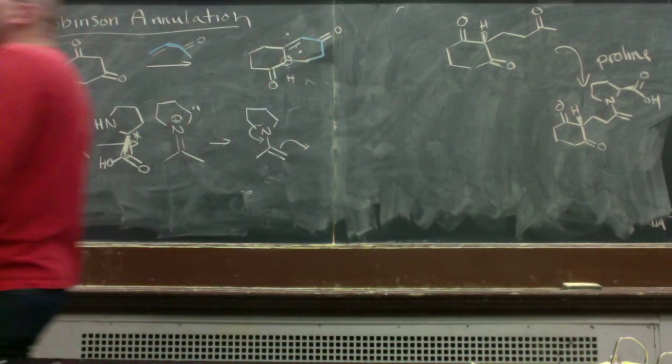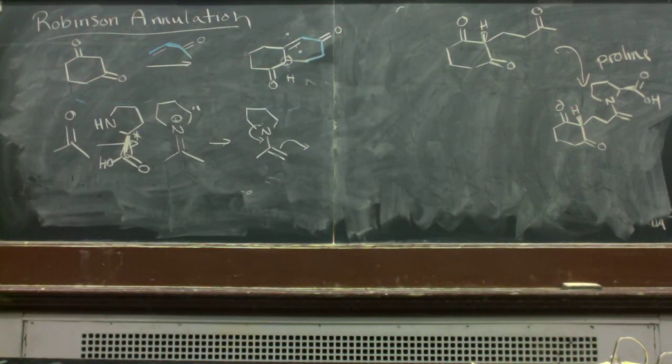Now you've got a nucleophile, and not only do you now have this nucleophile, but what you've done is you've installed stereochemistry into that nucleophile, so you only have a single enantiomer at this position.